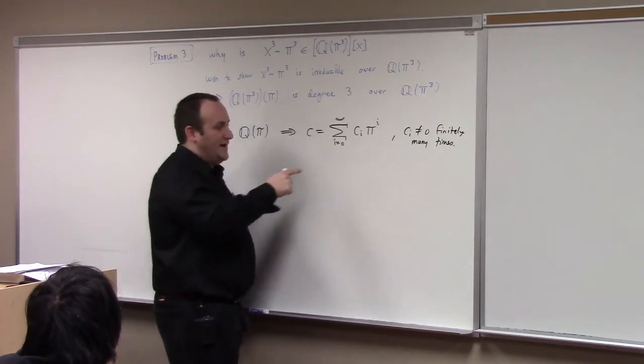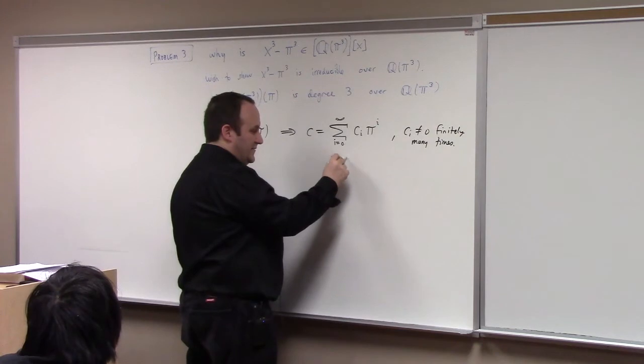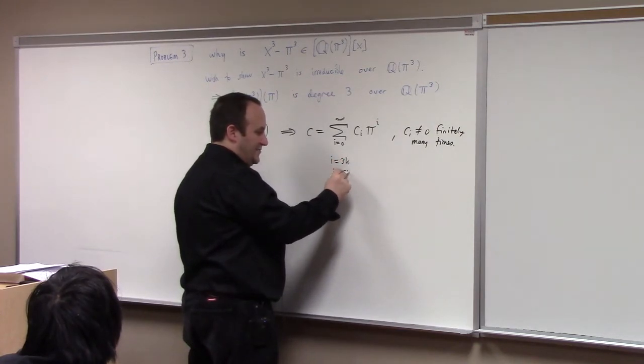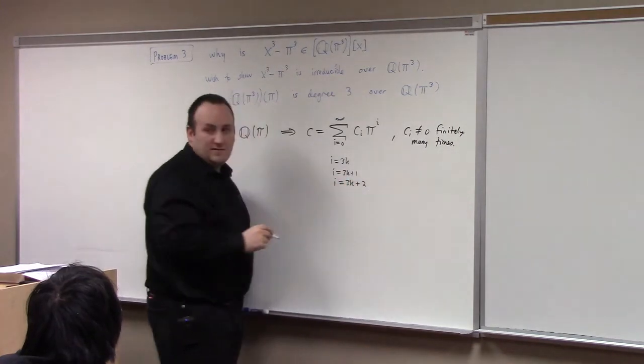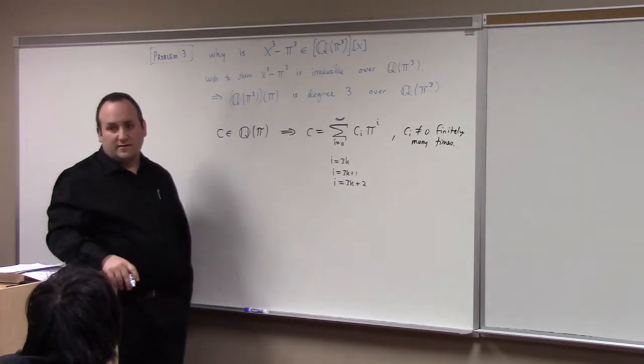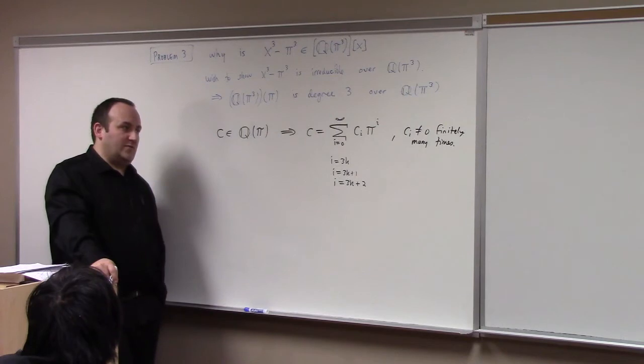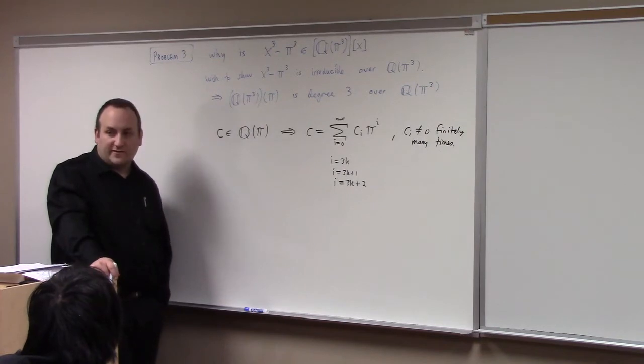You can look at the sum i equals 3k, i equals 3k plus 1, i equals 3k plus 2. And in so doing, you'll peel off pi to the 3k, and be left over with 1, pi, or pi squared. And that shows that this number c can be decomposed in terms of the basis 1, pi and pi squared with coefficients in Q adjoin pi cubed.